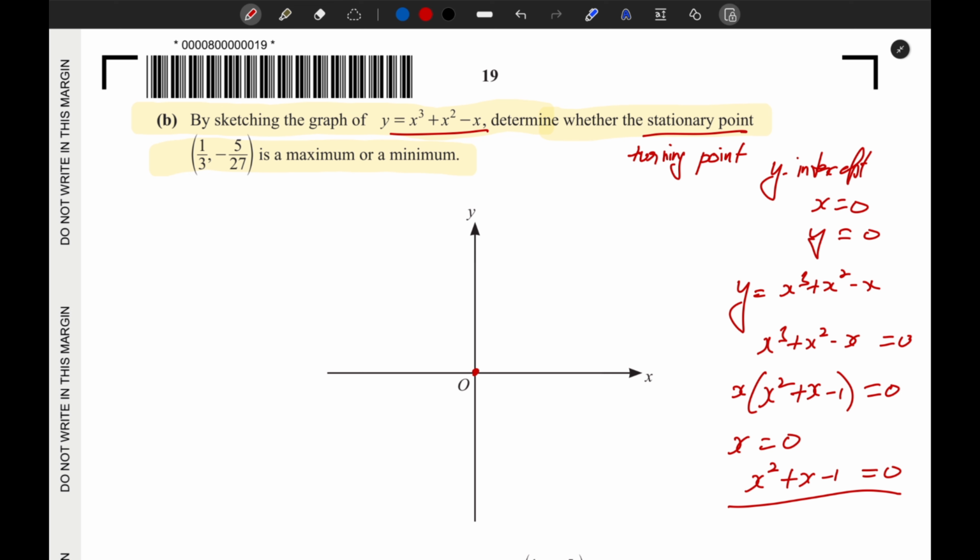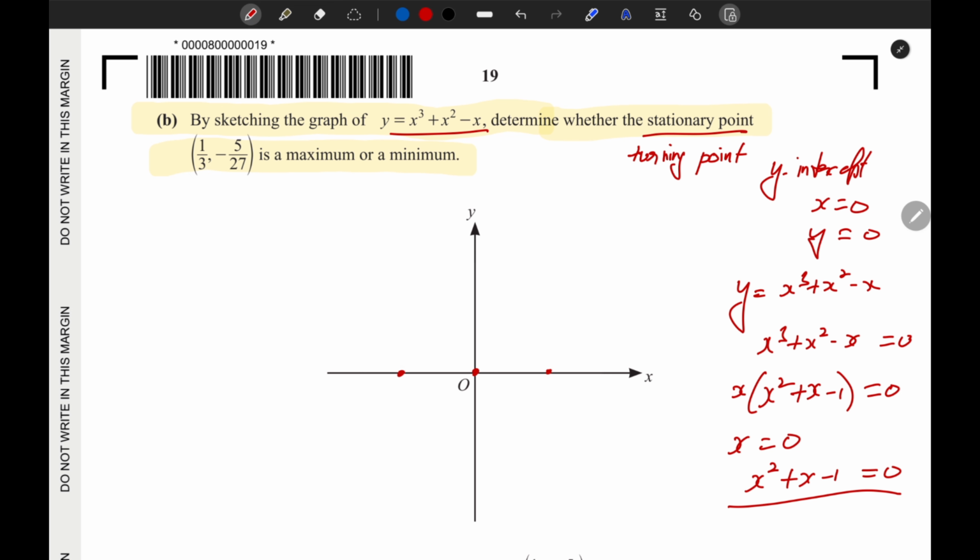One thing you should note is that this is a cubic graph and the coefficient of x cubed is positive, so the graph will extend from the first quadrant to the third quadrant. Now we want to make the graph. It's obvious that the 2 points will be at this point and at this point.